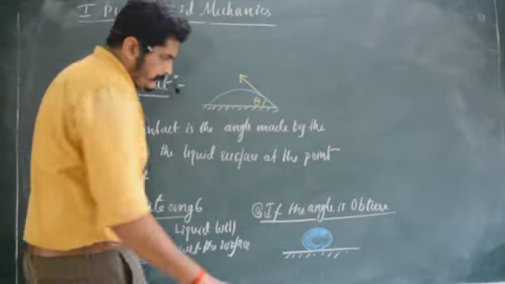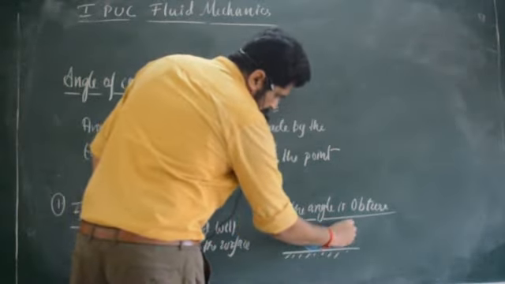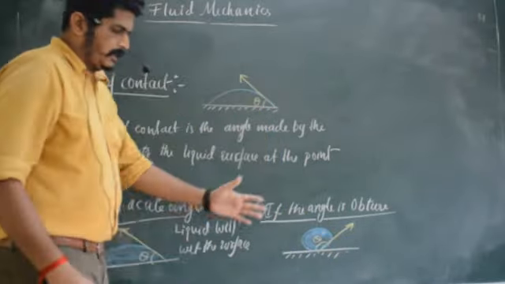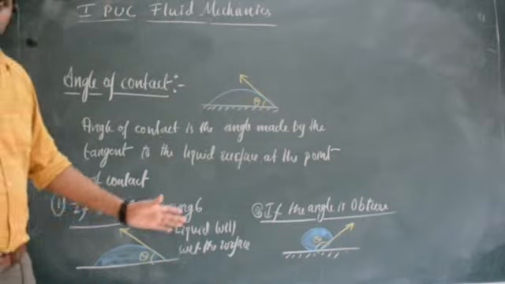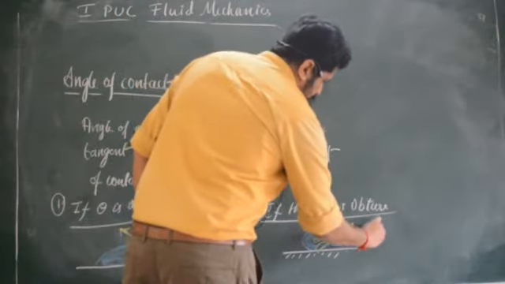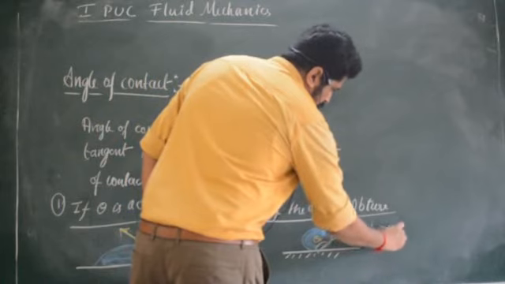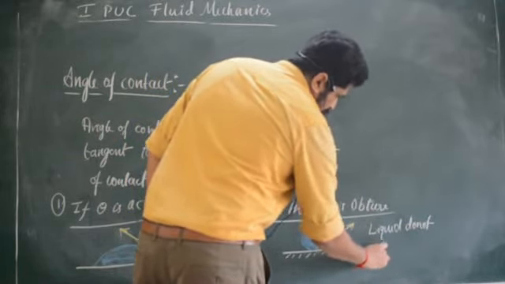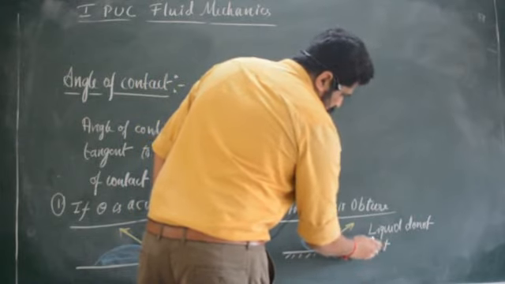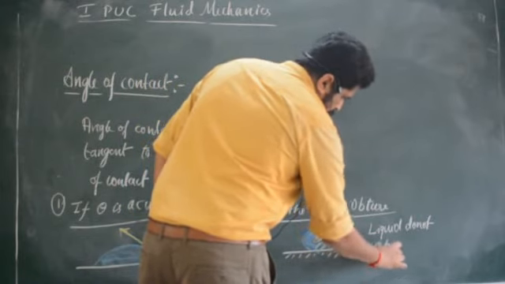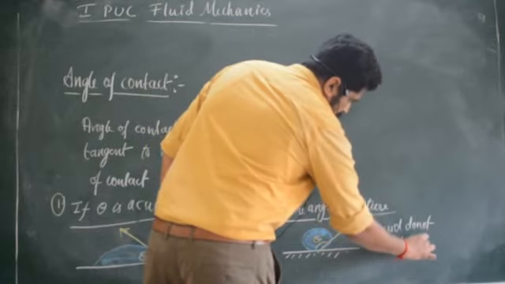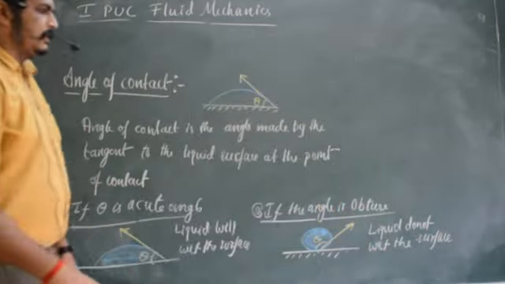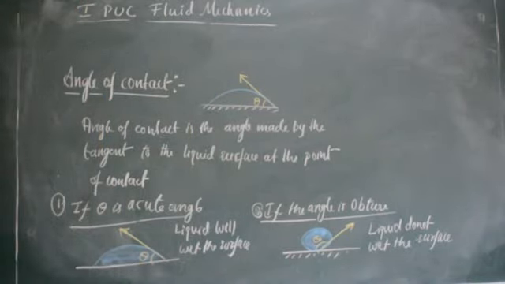Now you can see the angle of contact is more than 90 degrees. In this case, if the angle of contact is an obtuse angle, the liquid does not wet the surface. The liquid will not wet the surface.